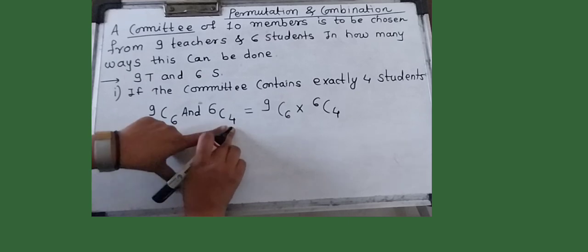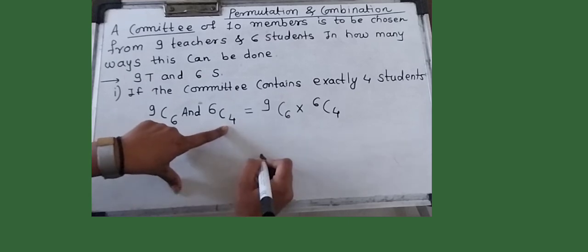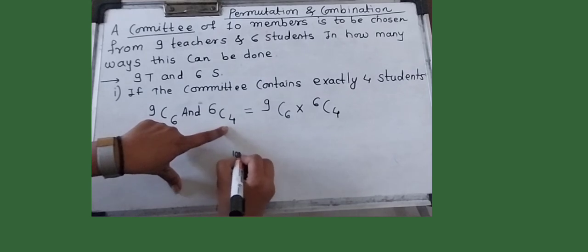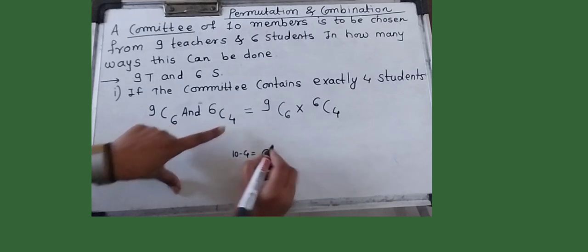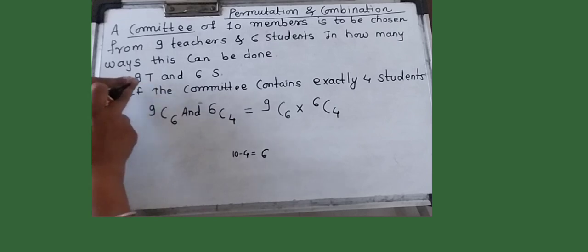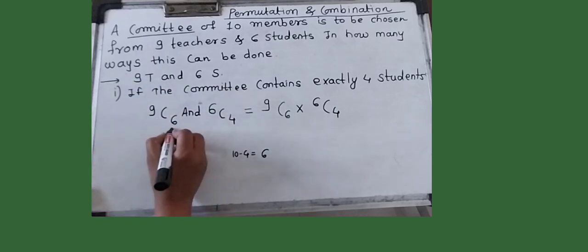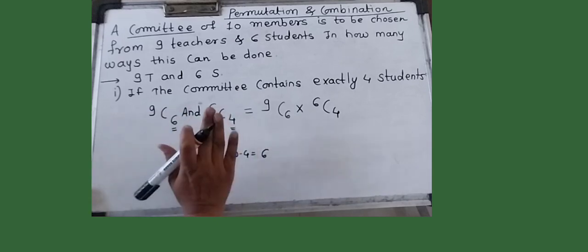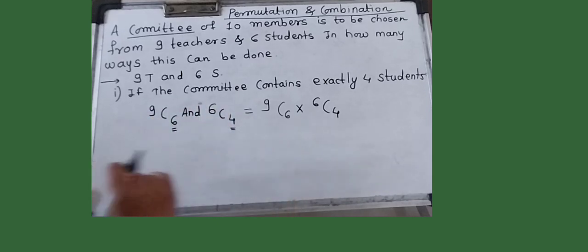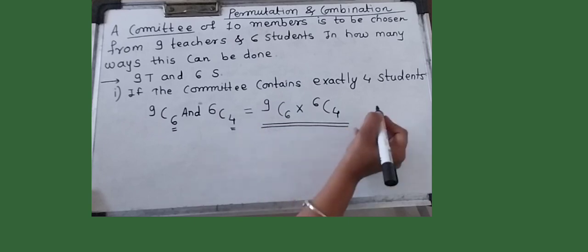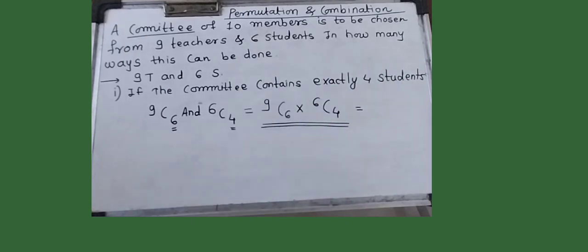So 4 get selected, but we want 10 members in the committee, so take remaining 6 from 9 teachers. So 9C6. 6 plus 4 is 10. Condition gets fulfilled. So convert it into the formula, find out and comment me the answer. Clear?